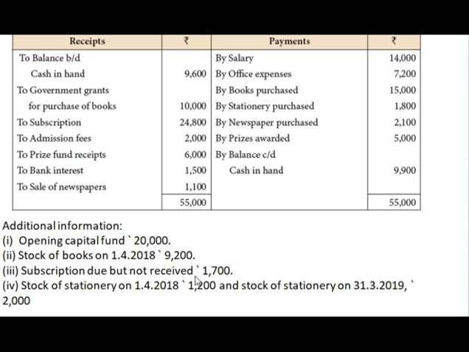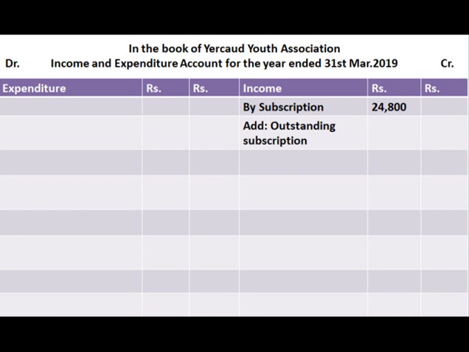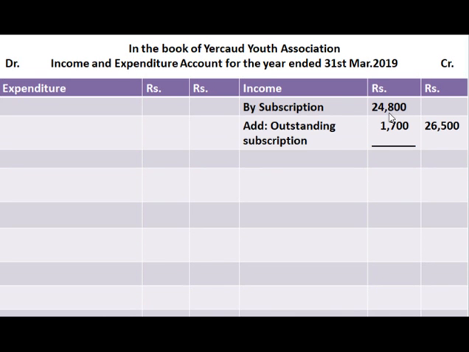Subscription due but not received is an outstanding subscription. The amount for outstanding subscription is rupees 1,700. If we add 24,800 with 1,700 will give you 26,500.